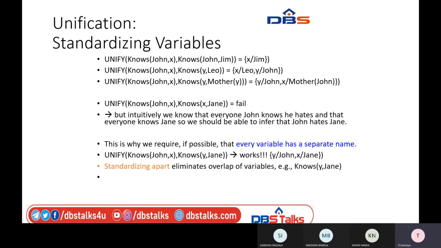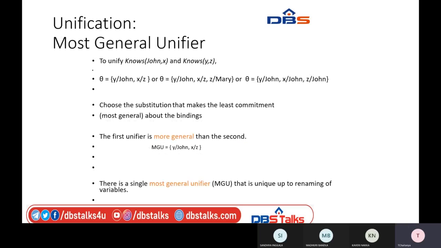So this is why we require every variable to be separated by a name. Unify knows(John, X) with knows(Y, Jane): Y by John and X by Jane. This can be done by standardizing apart, eliminating the overlap of variables.